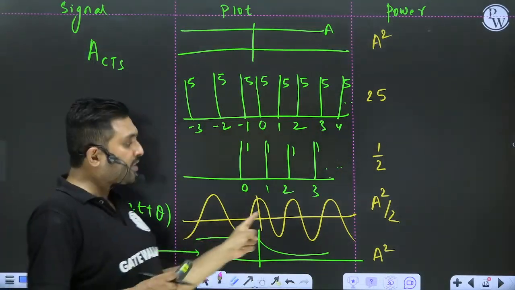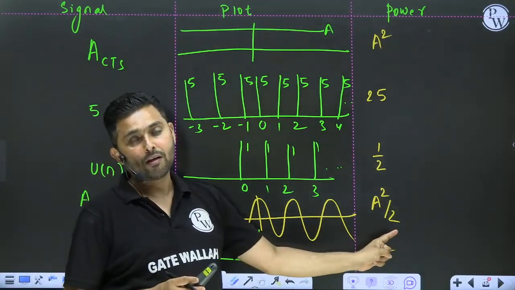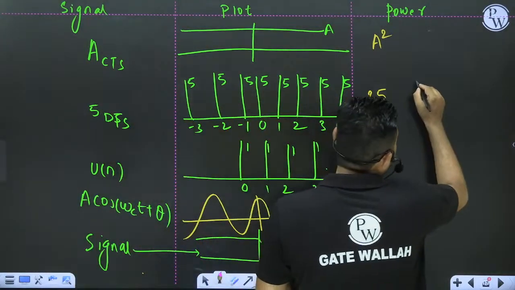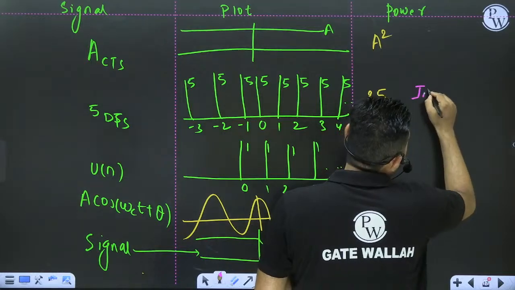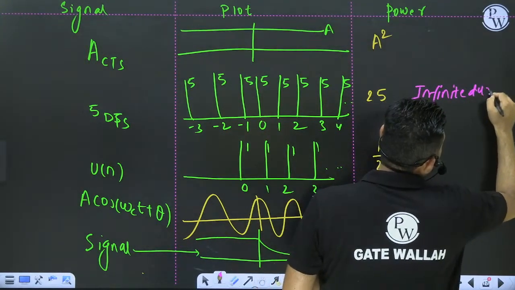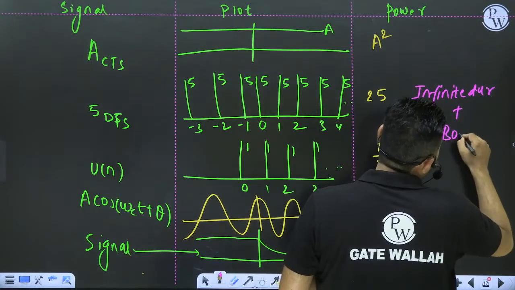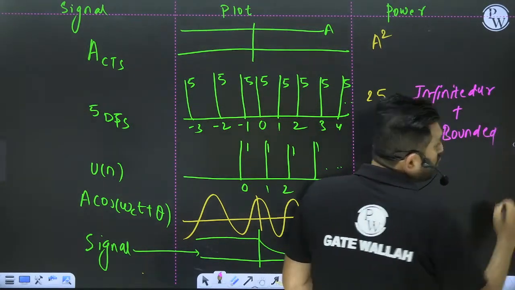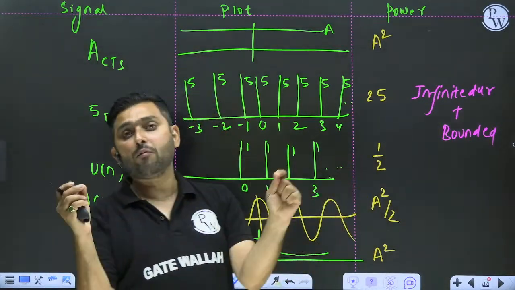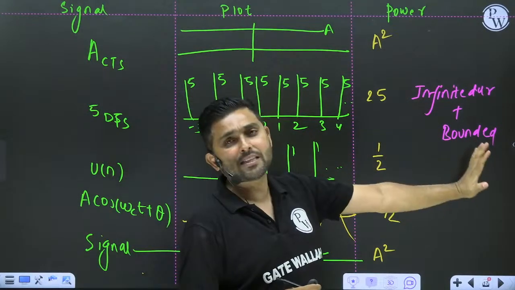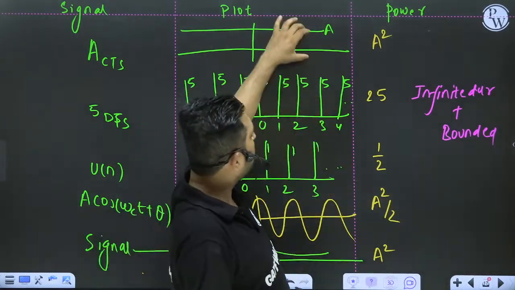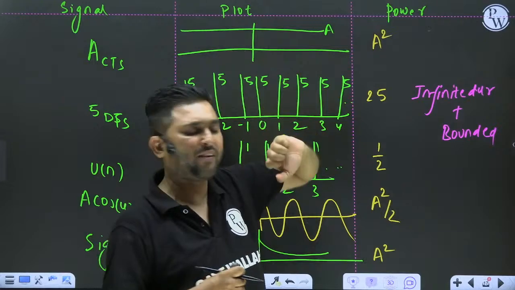And periodic signals are power signals. So the conclusion I am writing is: infinite duration plus bounded. I'm not talking about area here, I'm just talking about bounded, which means that the value is not going towards infinity.